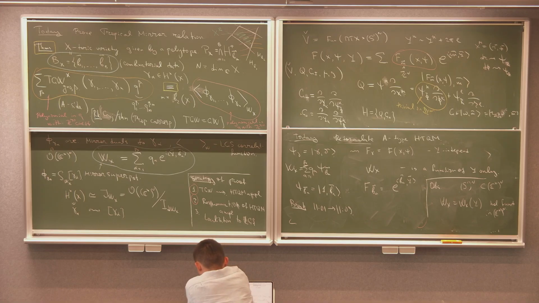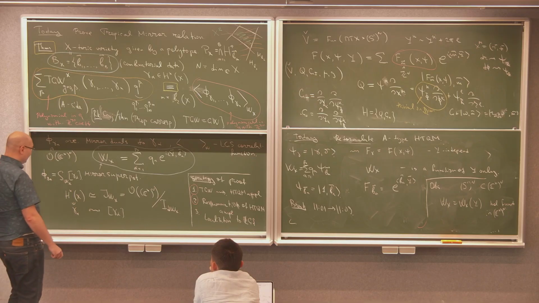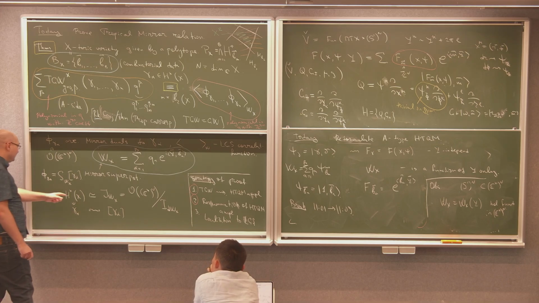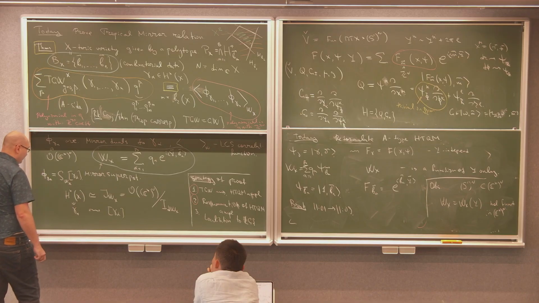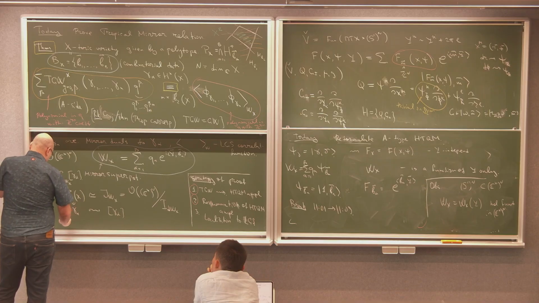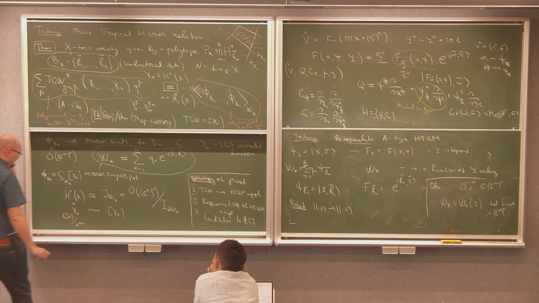I think we never proved it in general, but we proved it in some simple cases like CPN. For CPN, we just observed that the homology ring is just some p of x over x to the power n plus 1.